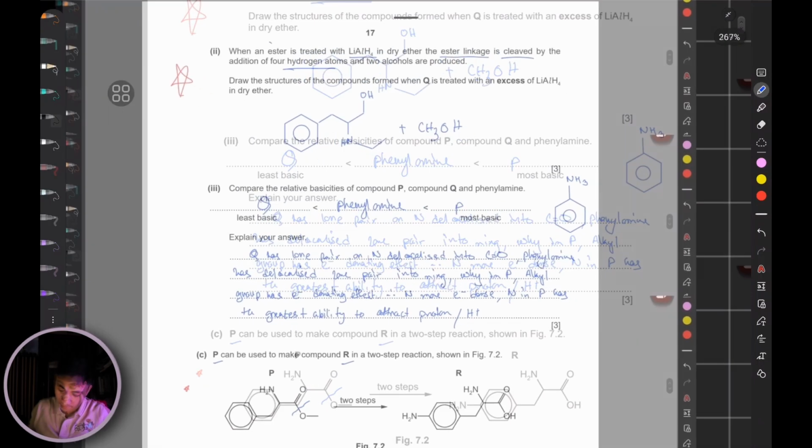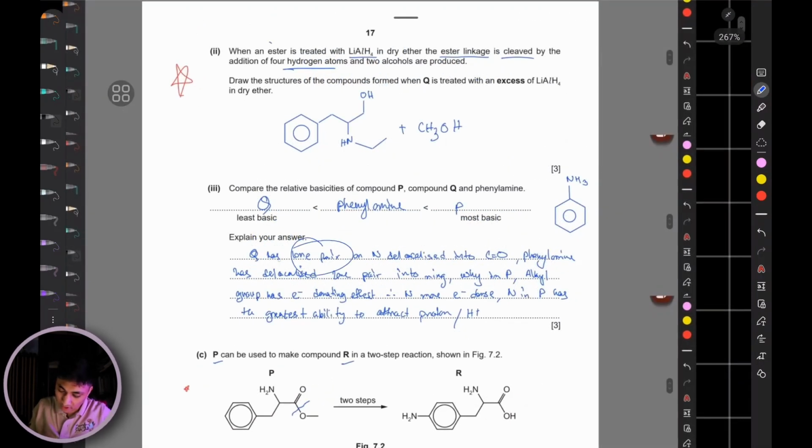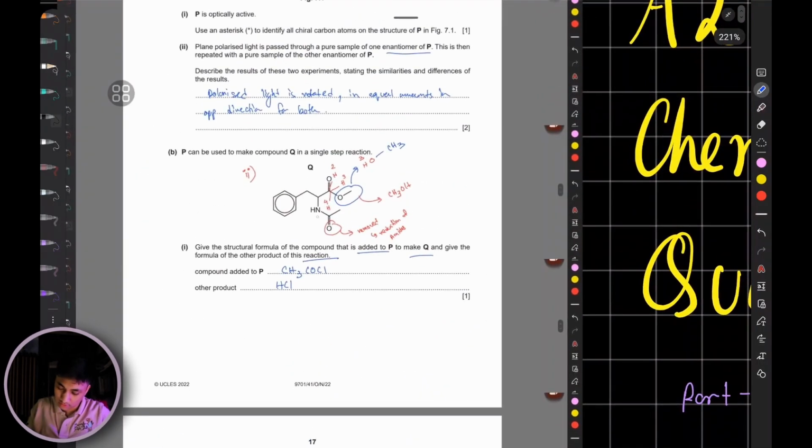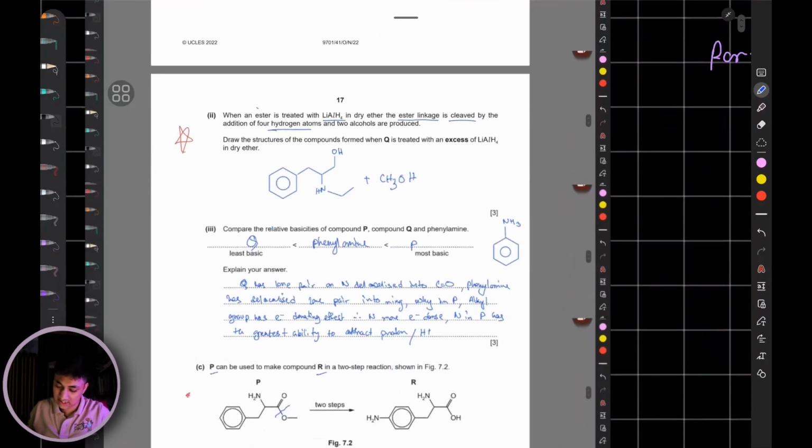Now notice, your Q has a lone pair of electrons on the nitrogen, delocalized into the carbon-oxygen double bond. In case of Q, this nitrogen is directly bonded to a carbon, which is directly bonded to oxygen with a double bond, right? So the lone pair over here is being lost into this double bond.